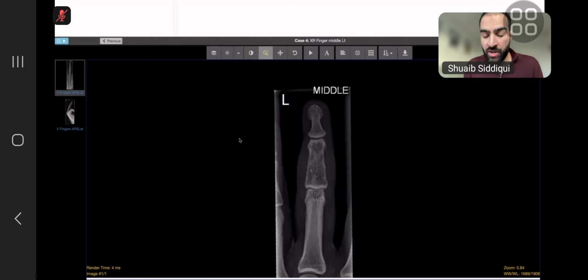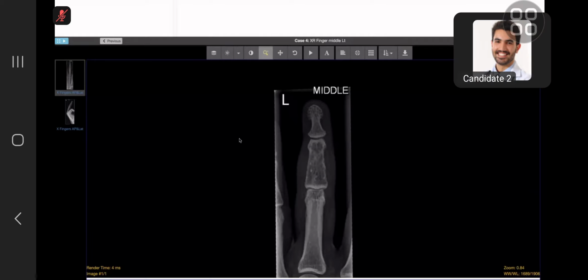This is a middle finger X-ray. Patient who presents with atraumatic finger pain. Okay, so this is a frontal view focused on the left middle finger, showing some destruction involving the middle phalanx with thinning of the cortex.